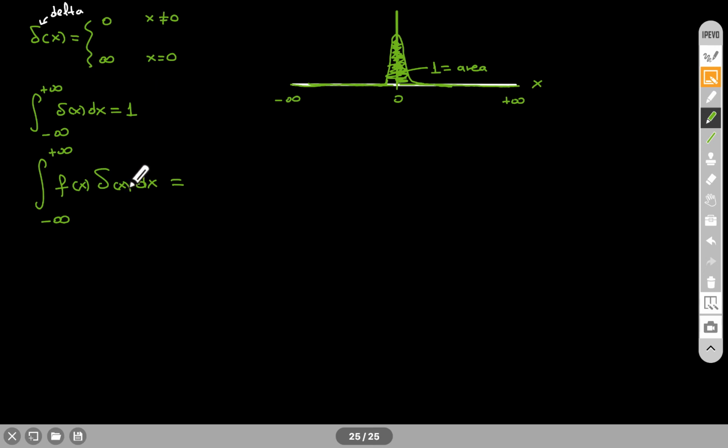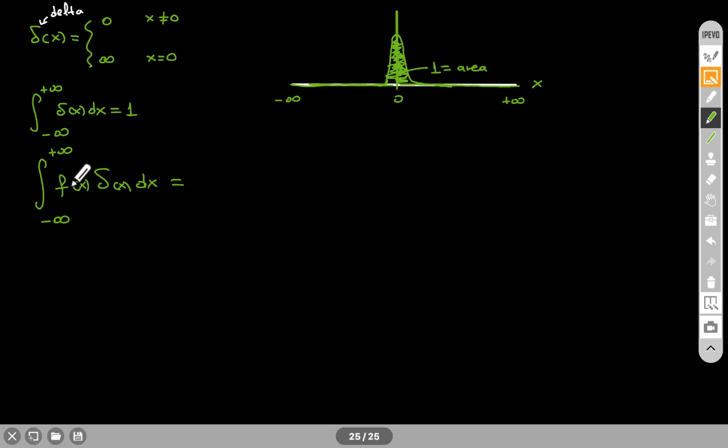So since this is an integral, whatever values this function takes over here makes no difference, because the delta function is not 0 only when x equals 0.